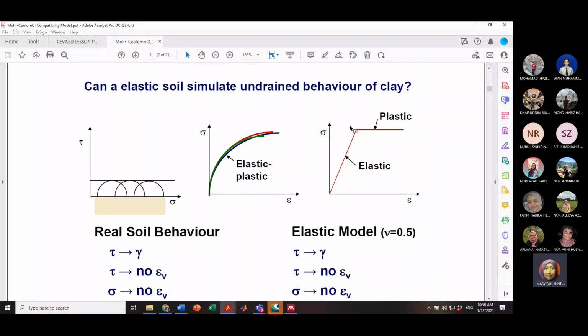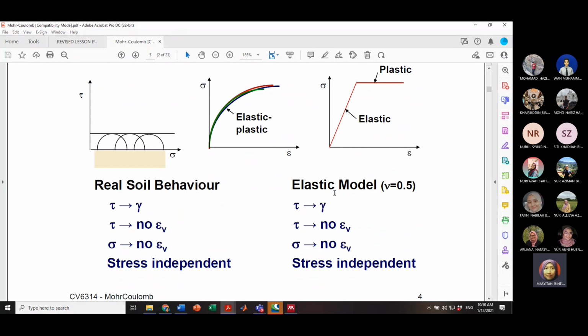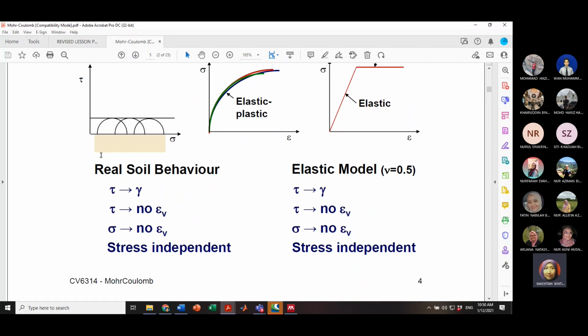In the Mohr-Coulomb model, you will see one constant E. So what it shows you in this undrained condition is called stress independent. Because if you look here, we have shear stress, and you also have shear strain. When you model using an elastic model with Poisson's ratio 0.5, it is the same as the real soil behavior. So there are no more issues.